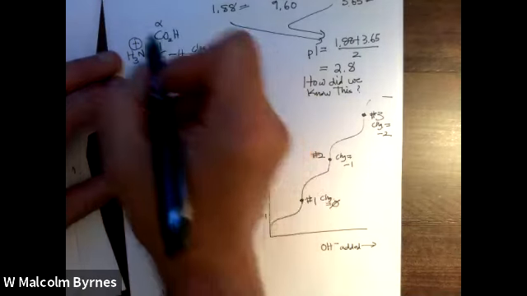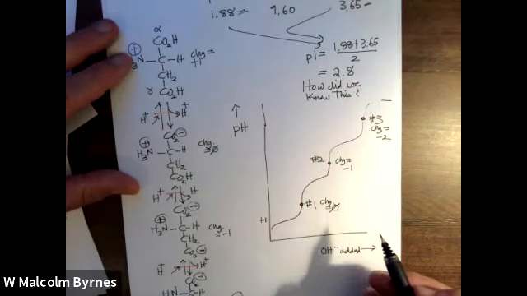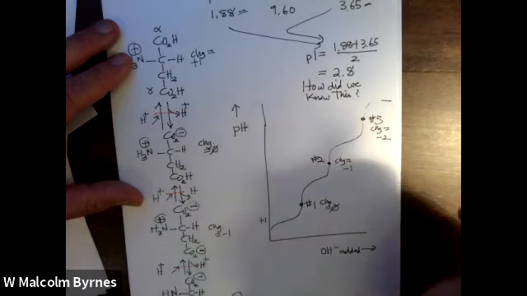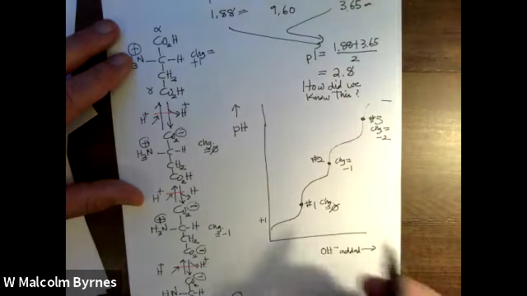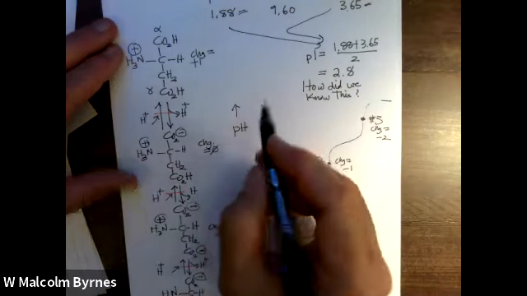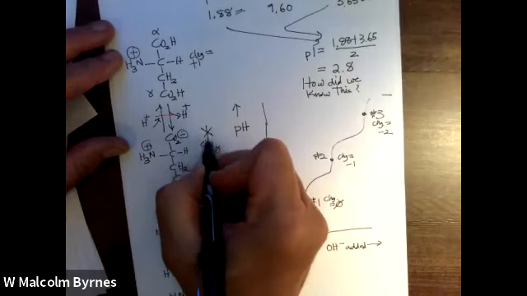And actually that tells us about the PI value, because remember, to find the PI, you have to average the pKa values on either side of the species that has no charge. And it's this one right here that has no charge.